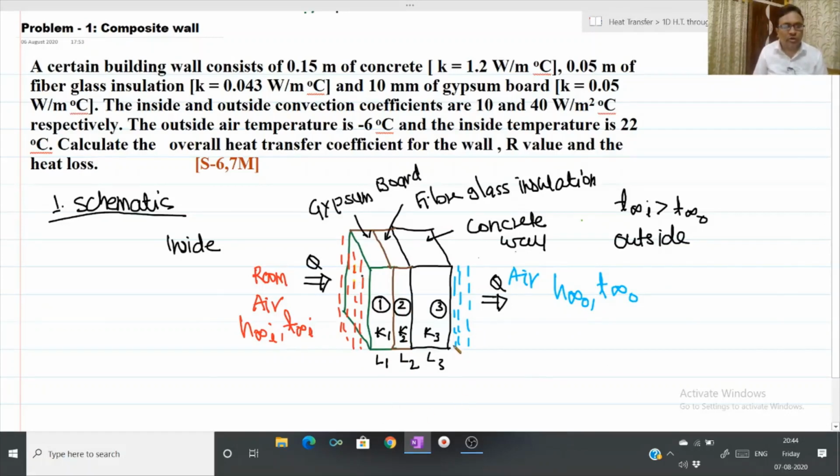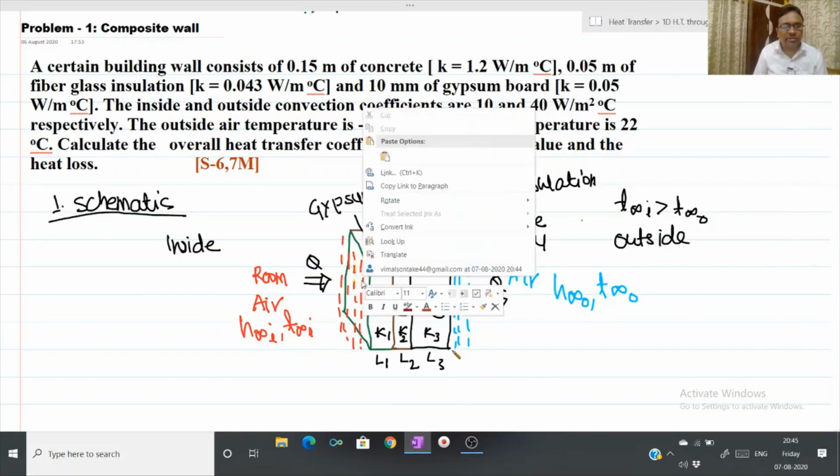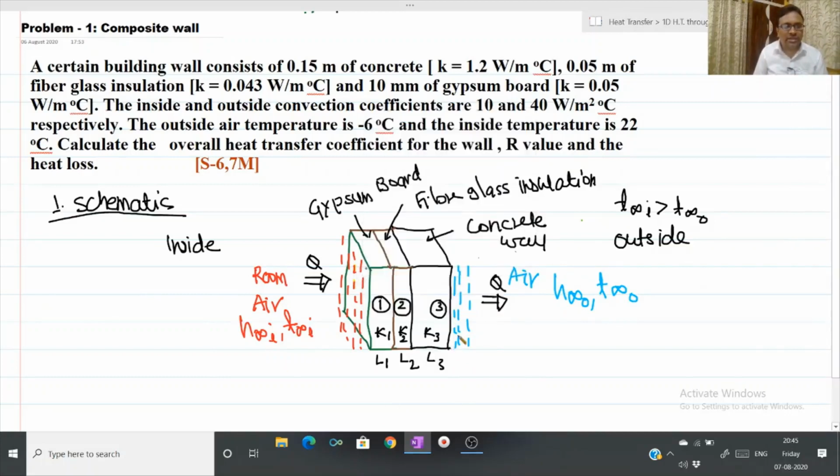Now the temperatures will be represented as follows. Let's say the temperature of the gypsum board on the left hand side is T1. Temperature at the interface of gypsum and fiberglass insulation is T2.